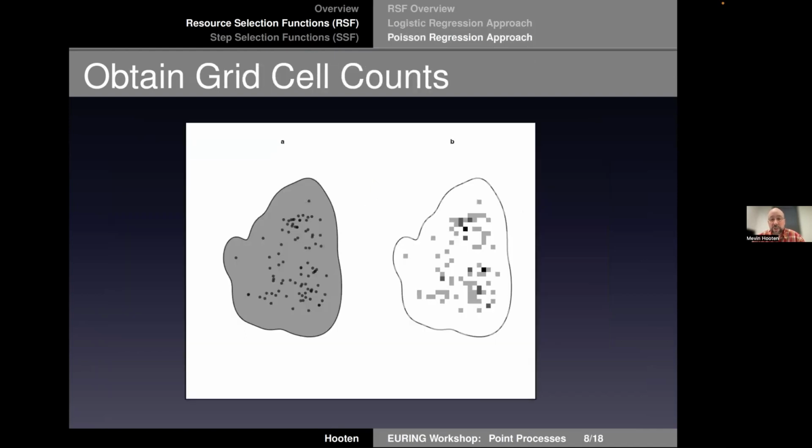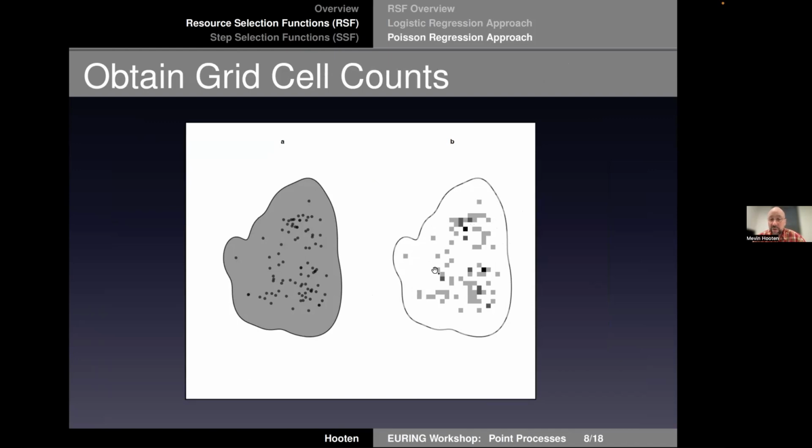The other approach is a Poisson regression approach. And here you'd have your original set of data points on the map here on the left. And then those are just binned up into these grid cells here on the right, where we just simply count the number of points that fall in each grid cell on the right. And then your data are a bunch of zeros for all these grid cells that are white.